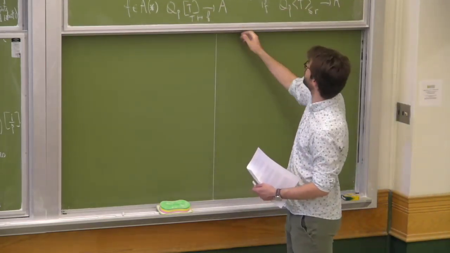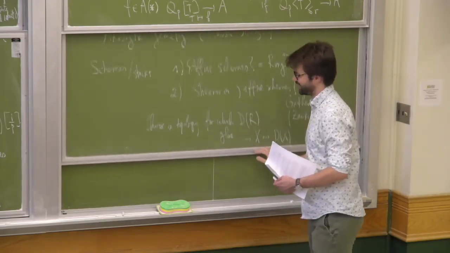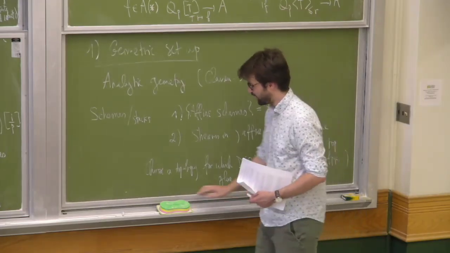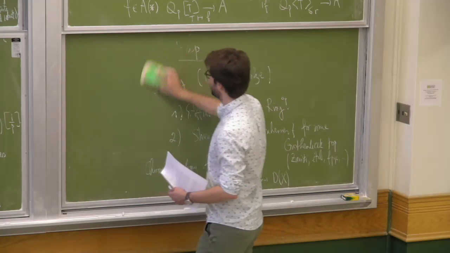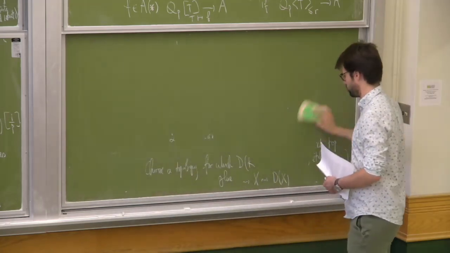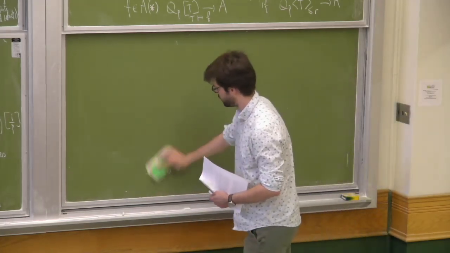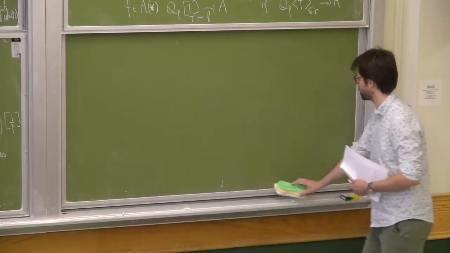Right, so morally, if the element has norm less than R, it means I can evaluate any such function on it, and this gives me something well defined.